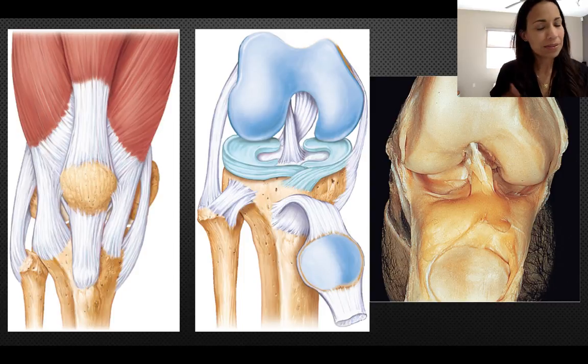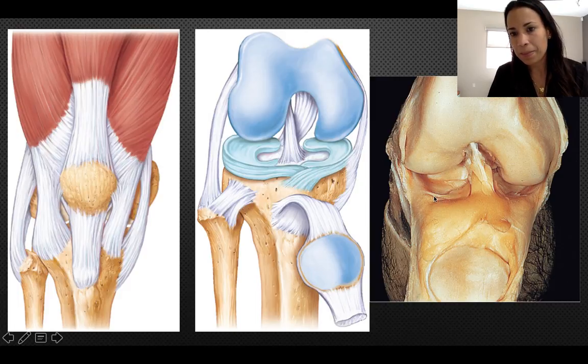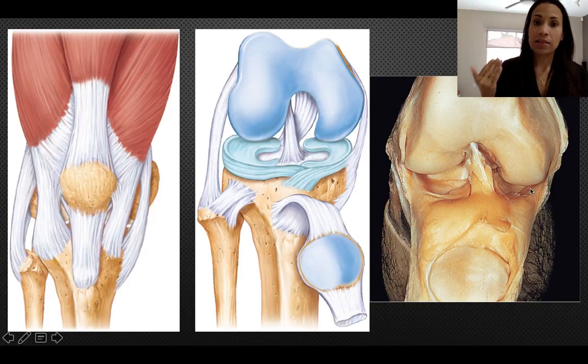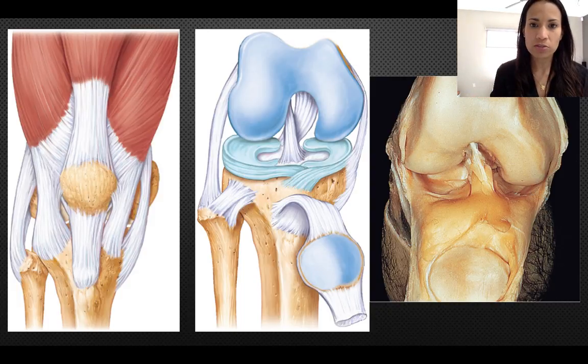Now, the articulating surfaces. Here we can see the two femoral condyles, and we cannot see very clearly, but under these blue things here, we have the tibial condyles too. And they are covered by the articular cartilage that consists of hyaline cartilage.